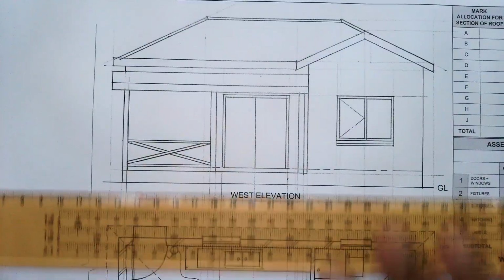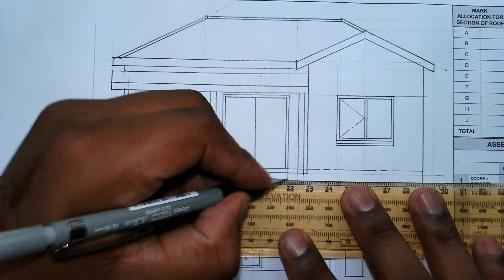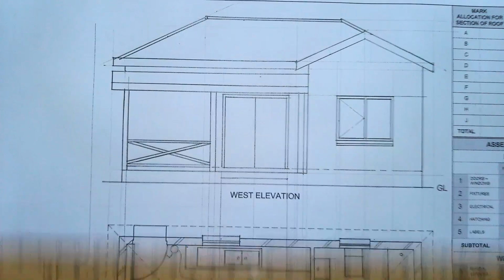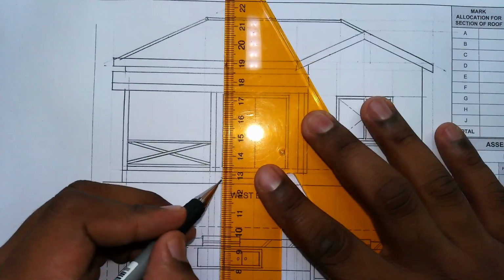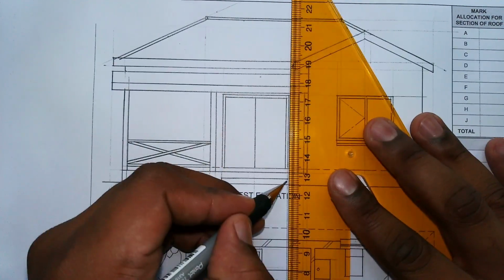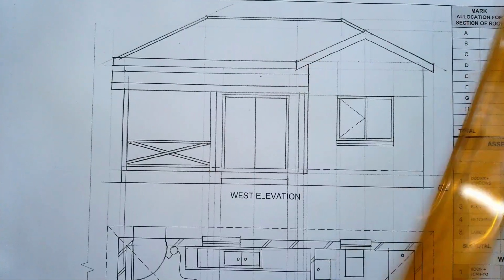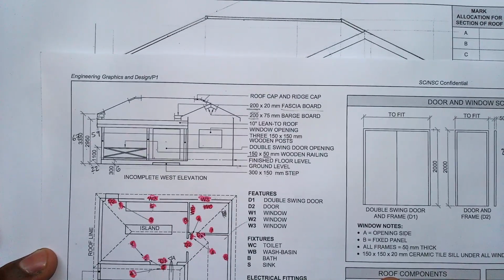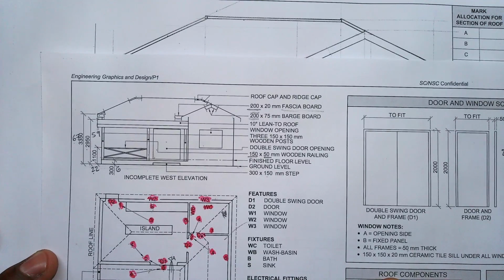So just draw the step in there. Like that. Okay, so I think this is the complete west elevation.